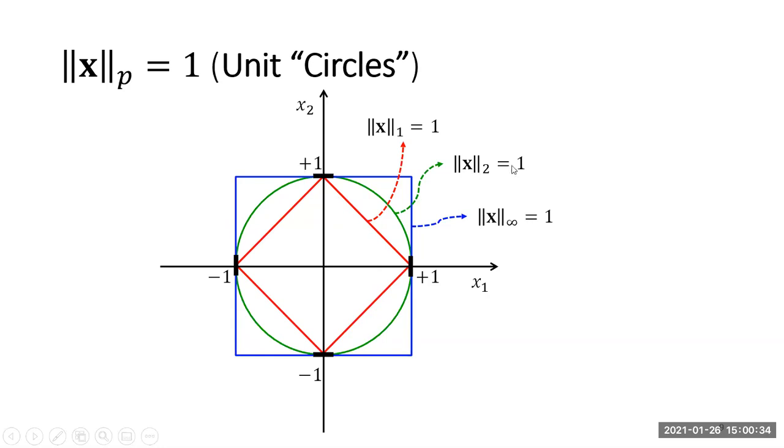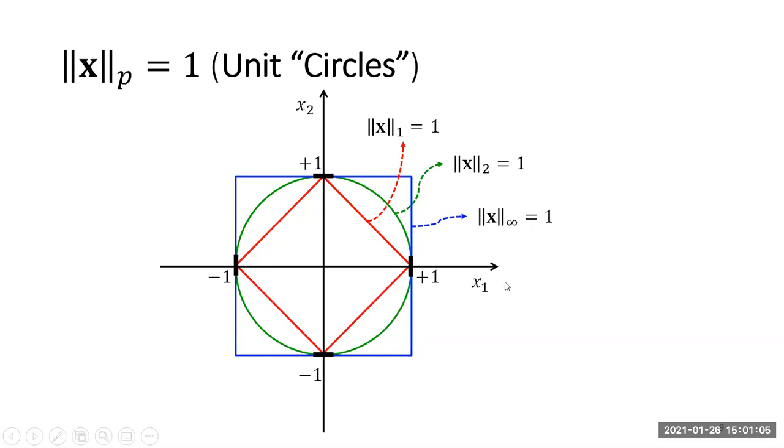L2 norm is basically the length, right? So look at this green circle: every point here, the L2 norm is equal to 1. It's a unit circle, with radius 1. This is the infinity norm. What do we do for the infinity norm?